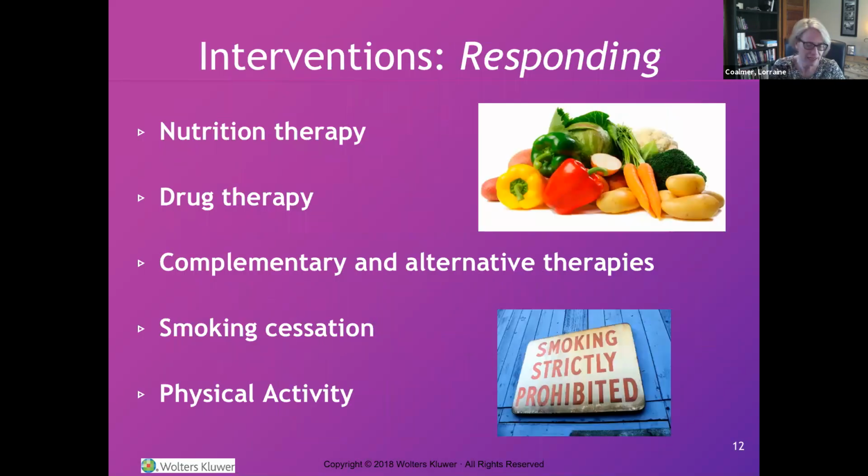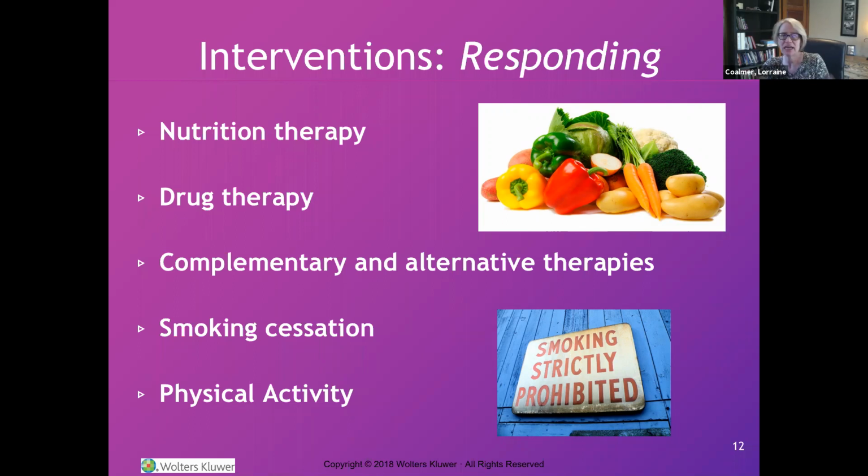Now, a lot of this is going to seem repetitive. Take a look at those interventions. And if you think back on the hypertensive patient, didn't we talk about the diet and the DASH diet? Didn't we talk about medications that we can add? We talked about complementary alternative therapies, smoking cessation, not cutting back, smoking cessation, and then increasing our physical activity.